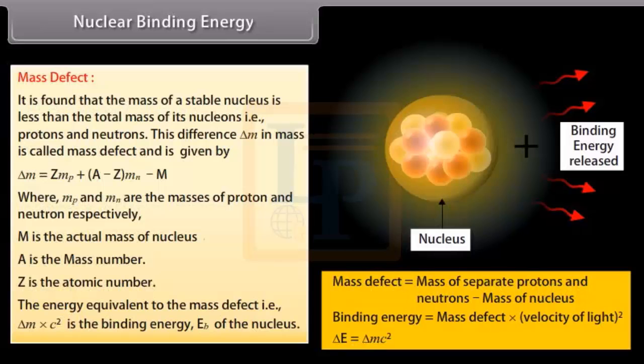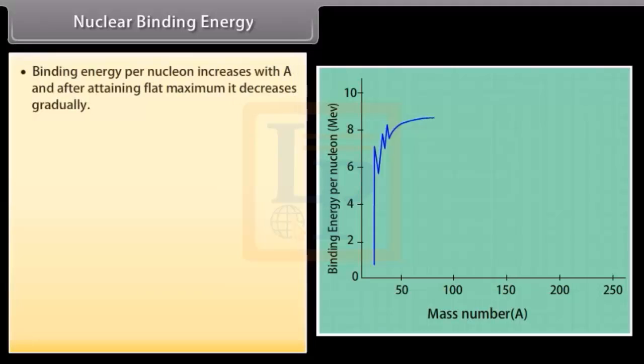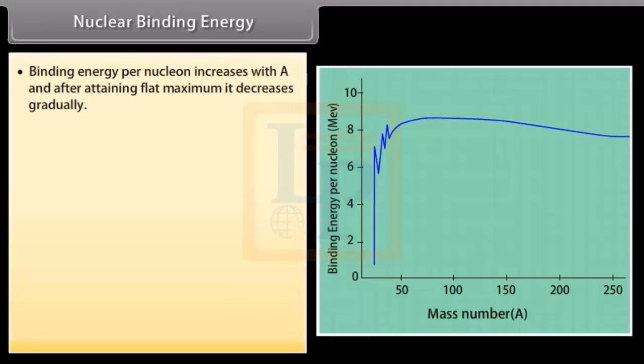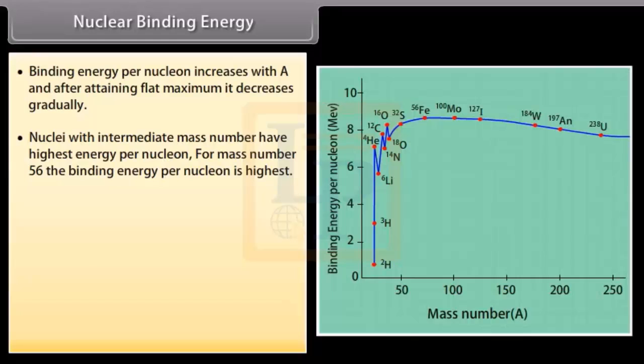From the graph, we note that binding energy per nucleon increases with A, and after attaining a flat maximum, it decreases gradually. Nuclei with intermediate mass number have the highest binding energy per nucleon. For mass number 56, the binding energy per nucleon is highest.